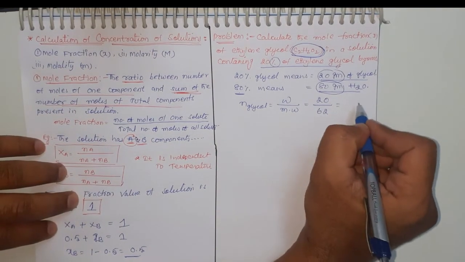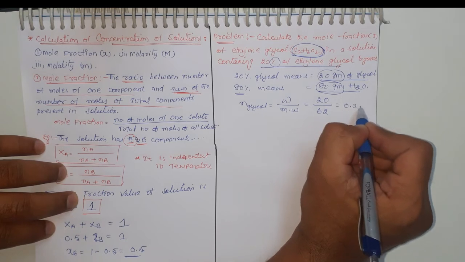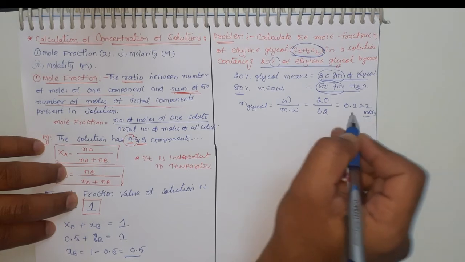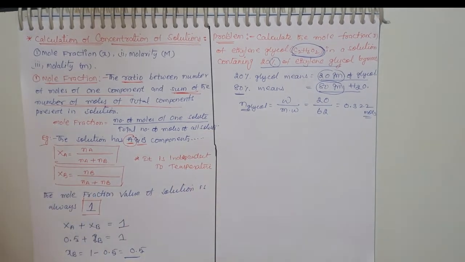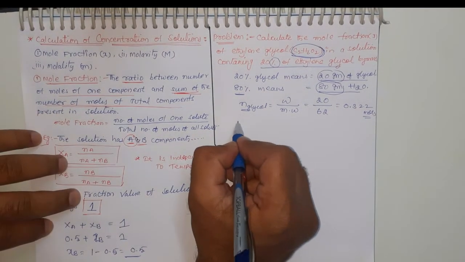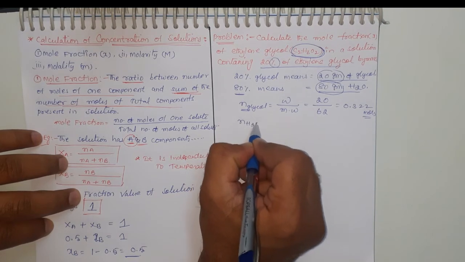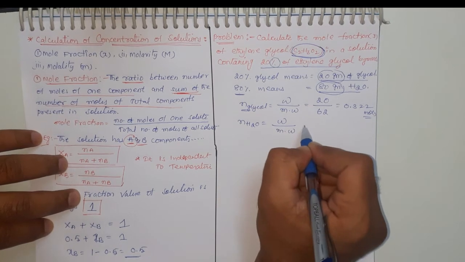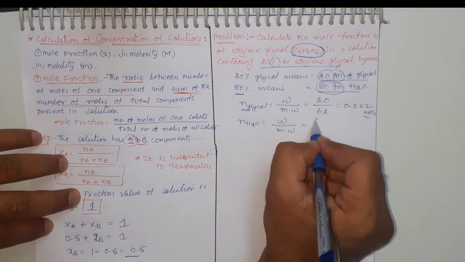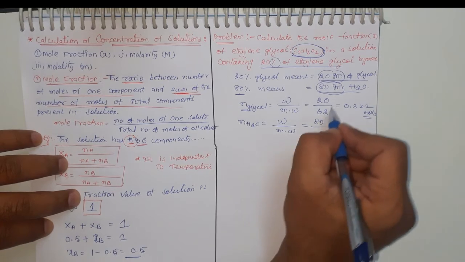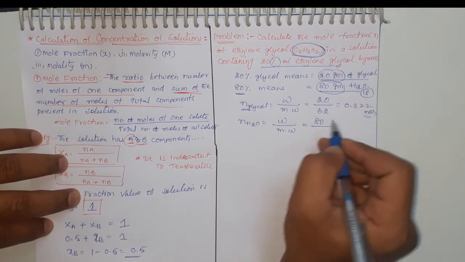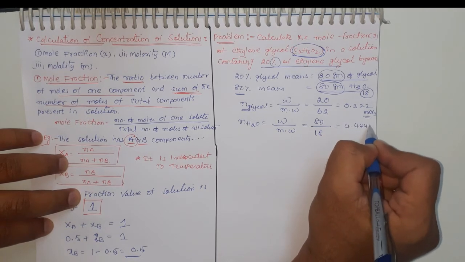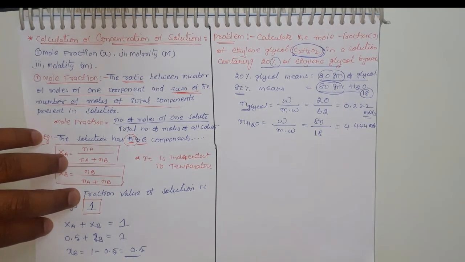The value is 0.322 moles. We found the number of glycol moles. Next, moles of H2O is weight of H2O by molecular weight of H2O. Weight of H2O is 80 grams and molecular weight of H2O is 18. This value is 4.444 moles.